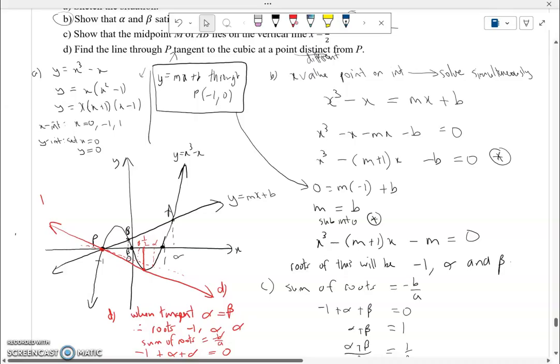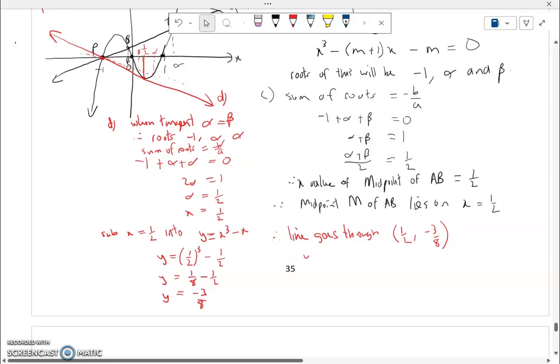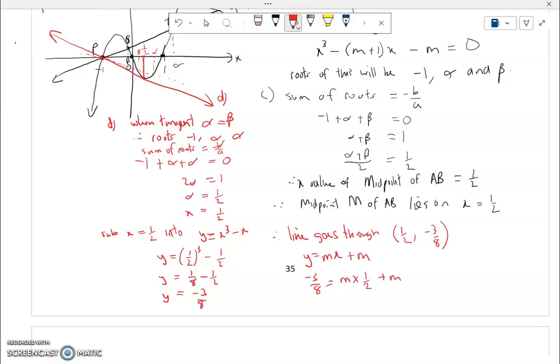Now let's go back a second. So the line is y equals mx plus b, but we've also worked that it goes through the point -1, 0, so m has to equal b. So the line is actually of the form y equals mx plus m, because m is equal to b. So now I can sub in this point and work out what m needs to be, and then I've worked out my equation of the line. So -3 on 8 equals m times a half plus m. Okay, that's going to be 3 on 2 m's is -3 on 8. Let's times by 2.